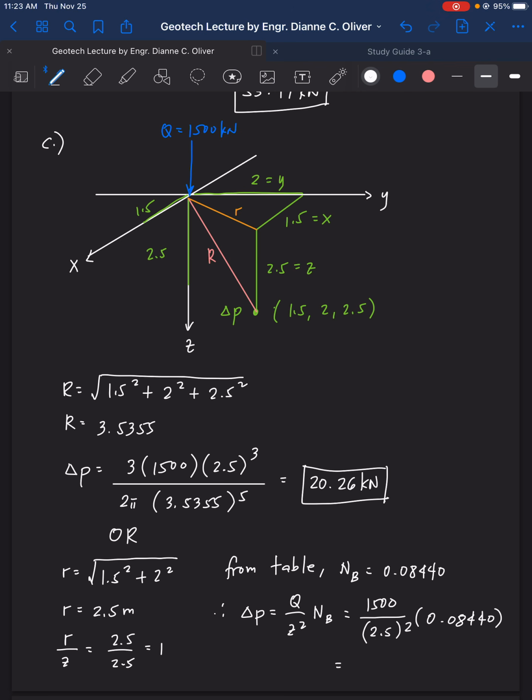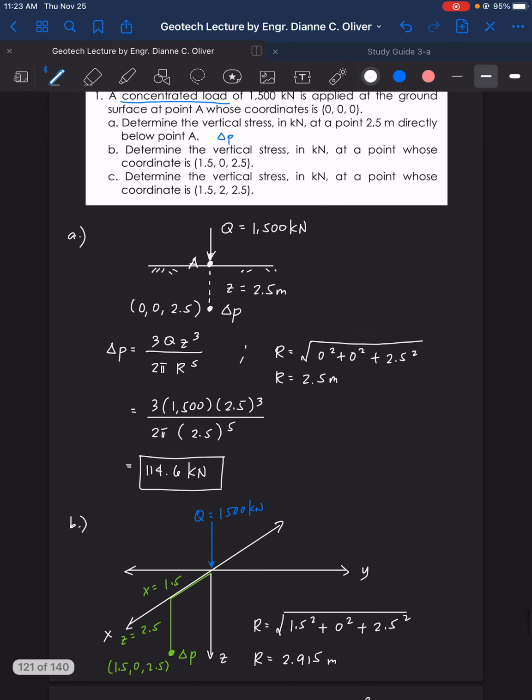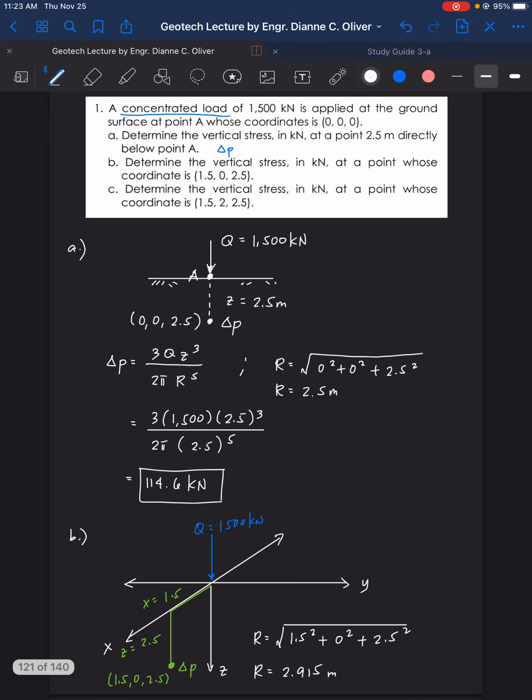So delta P is basically the same, 20.26 kilonewton. Okay, so this is if we use the table. So that's for number 1, using the formula for concentrated load.